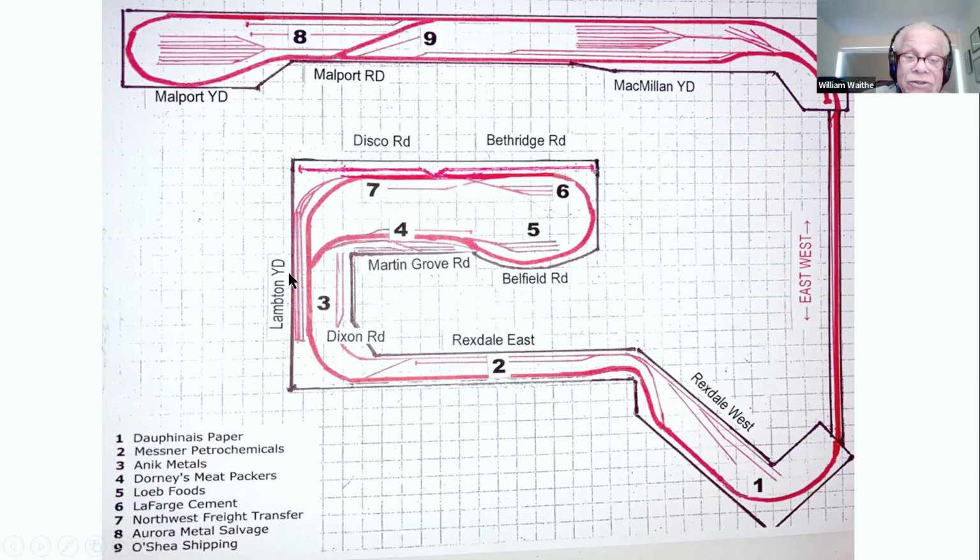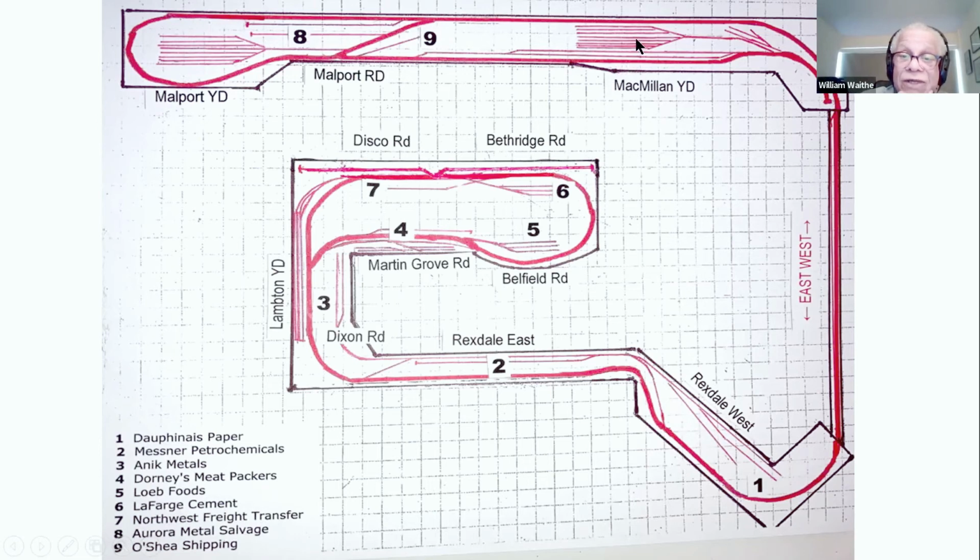So a box car, for example, full of paper from the paper manufacturing plant, after 24 hours will become an empty. And that empty is available for other industries or to be filled with a product from the virtual industry and then taken, not to the industry, but to the classification yard.